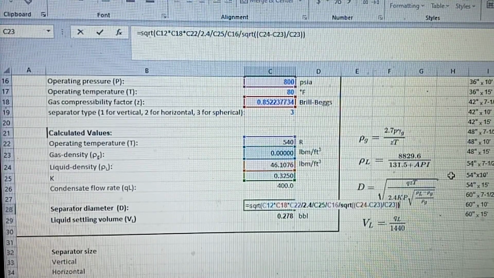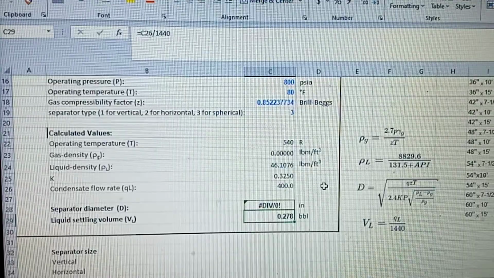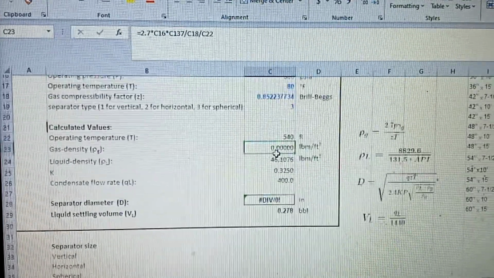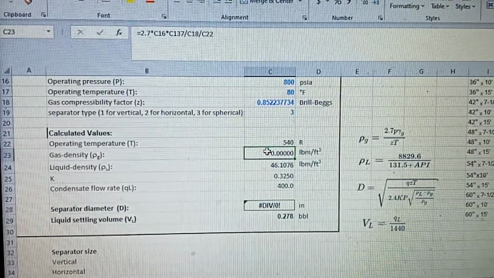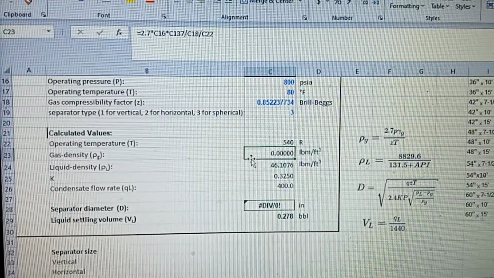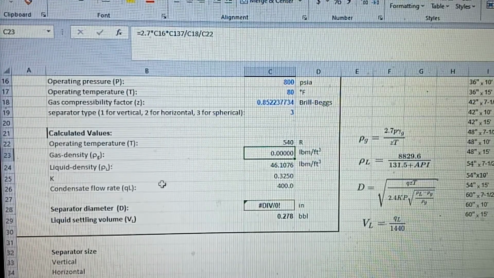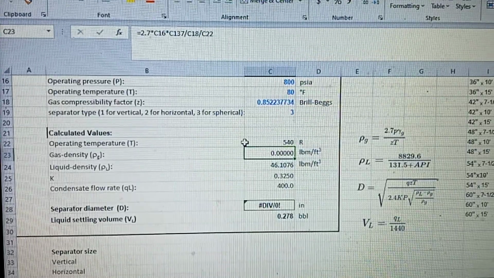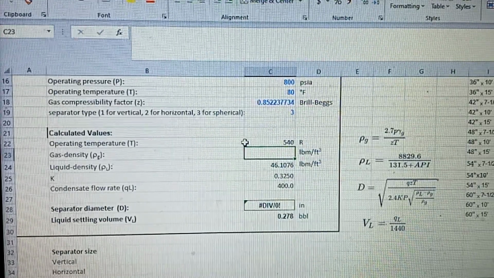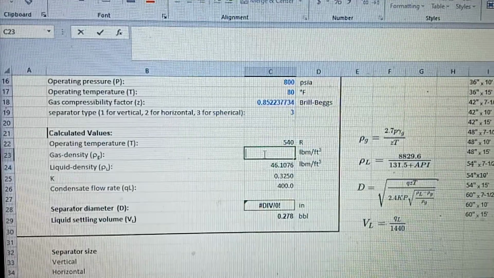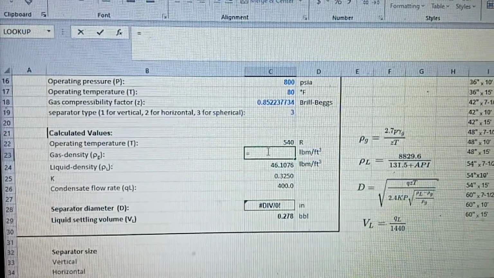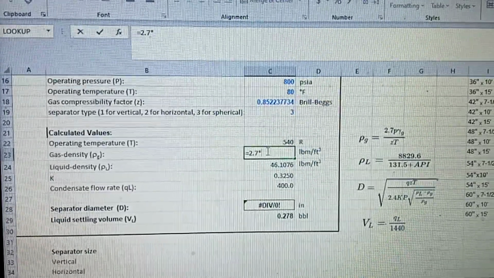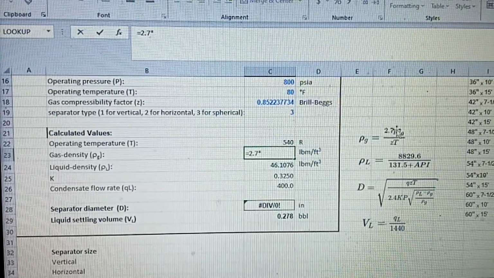It's going to give me division by 0 because something. I will check this one now. So we've put all the formula in. Now let me see what's going on there. The density of this gas. Let me start all over again. I don't know why it's putting 0. Something is wrong there. Equals 2.7 star pressure.